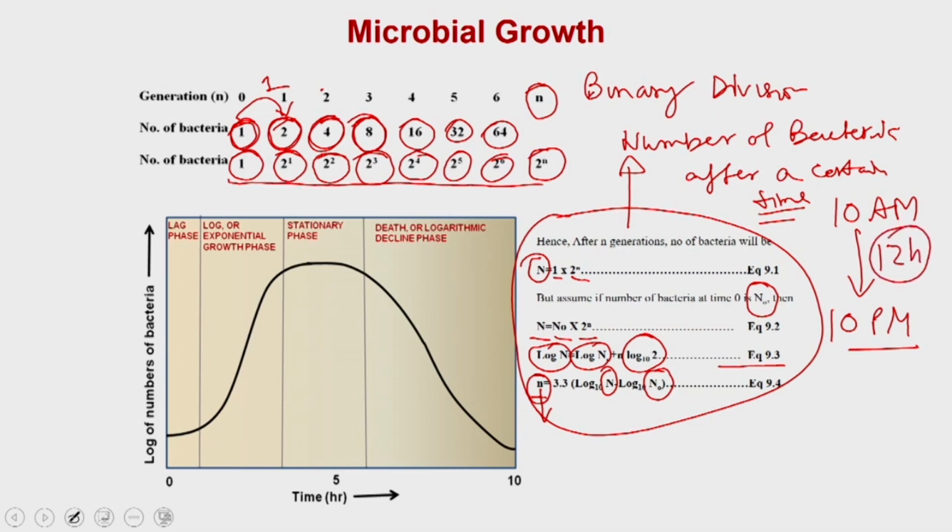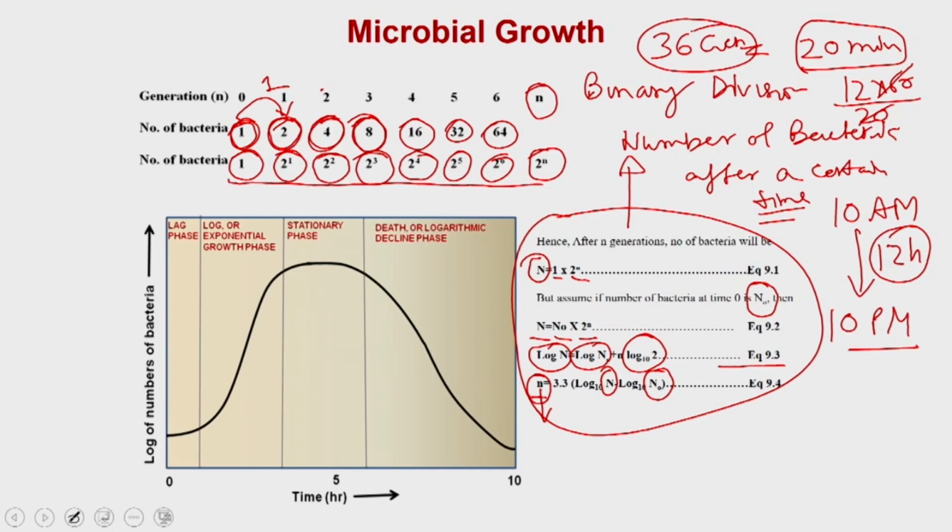I can do this, because if I have a bacterium with a 20 minute life cycle, then in 12 hours how many cycles? 12 into 60 divided by 20, which is 36 generations. So, if you put 36 into n, then you can calculate the number of bacteria you are going to have at 10 p.m.